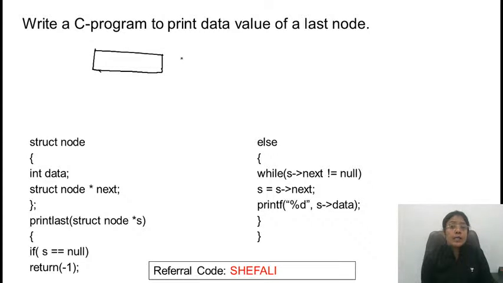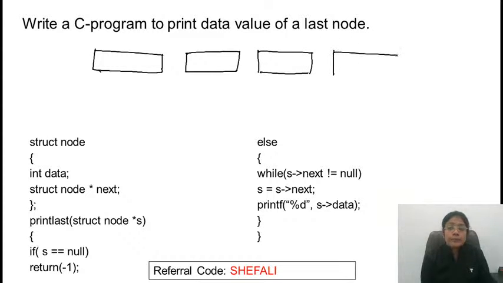Last node का मतलब क्या है? Next part में सिर्फ there is exception for the last node of the linked list that its next part will be containing null. Yes? Otherwise, every node is going to hold the address of the next node.